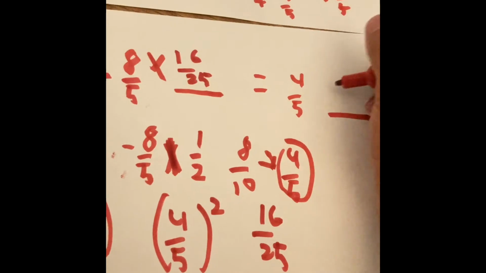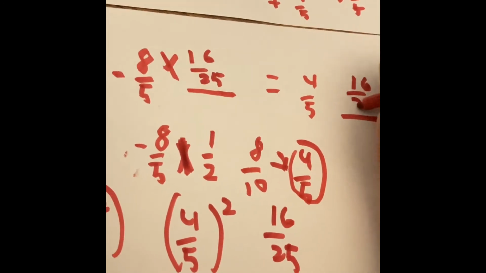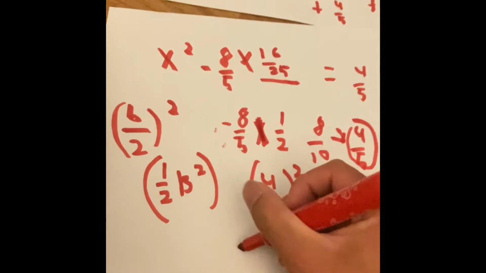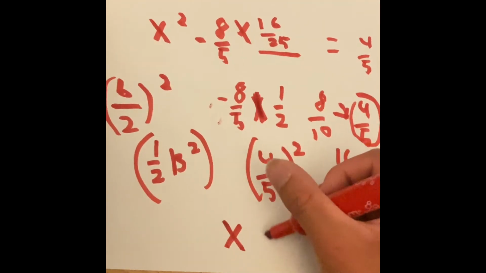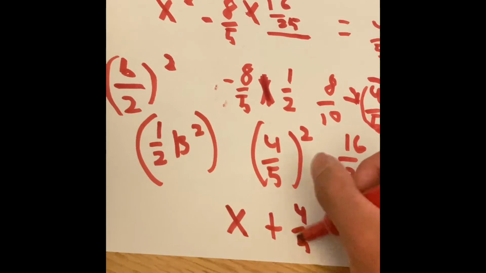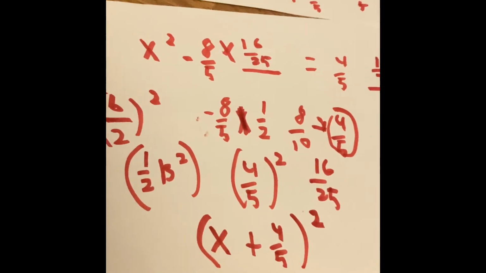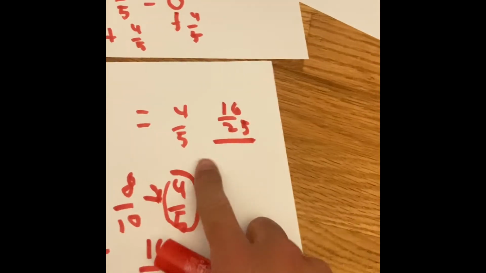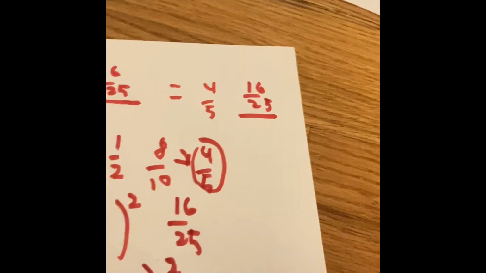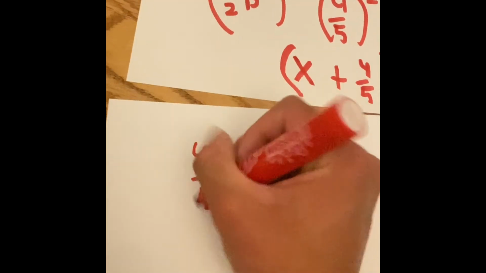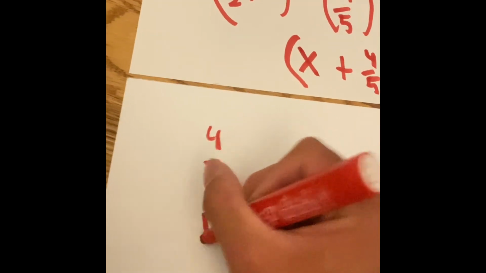It's going to go on top of here. Our factor is going to be x plus 4 over 5 squared. That is the left side of the equation. Now we have to find the right side. So we have to add the two, 4 over 5 and 16 over 25.